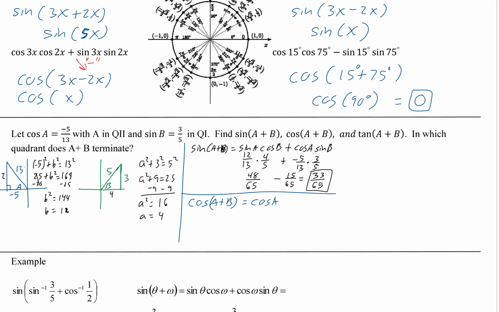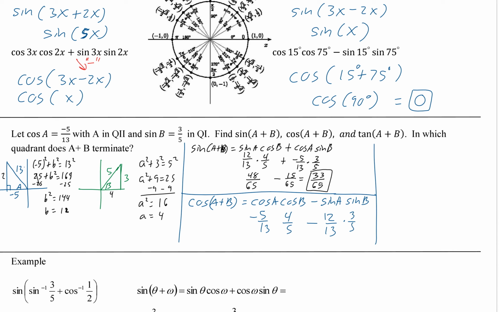So cosine A, cosine B, minus sine A, sine B. And if we look back over here, cosine A again is negative 5 over 13, and 4/5 for the B. And then sine A is 12/13. And then sine B is 3/5, which we already knew.